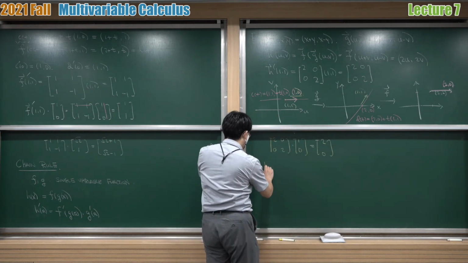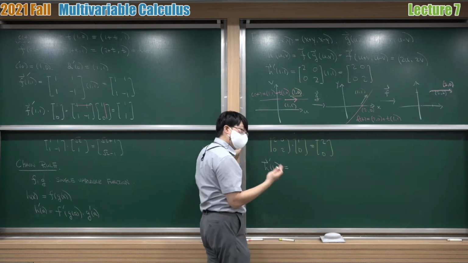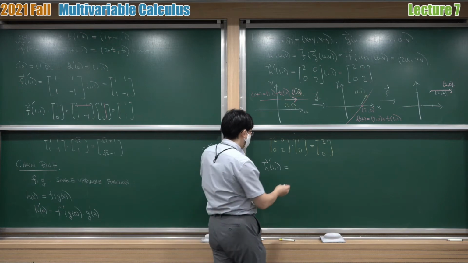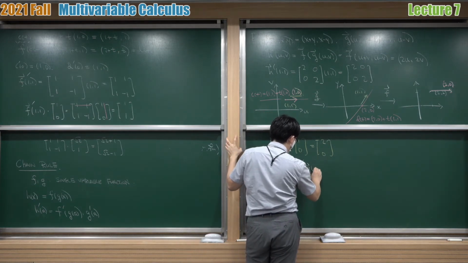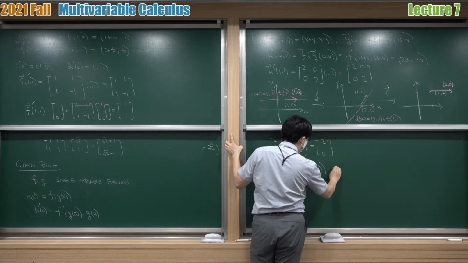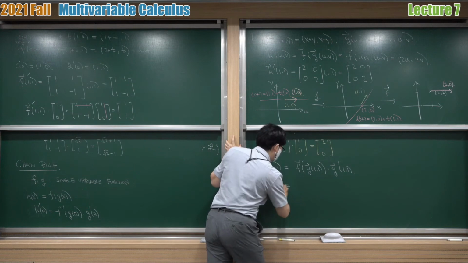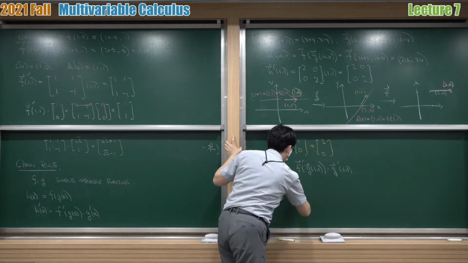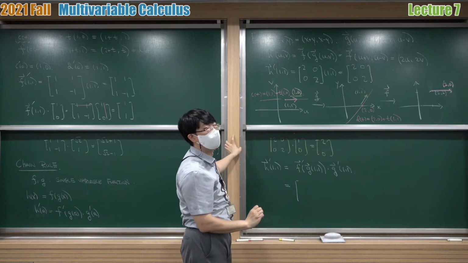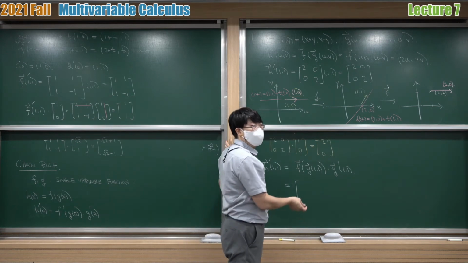So the chain rule says that the derivative of a composite function is given by the derivative of the outside function times the derivative of the inside function. So what's the derivative of the outside function f? I think we did the calculation before.